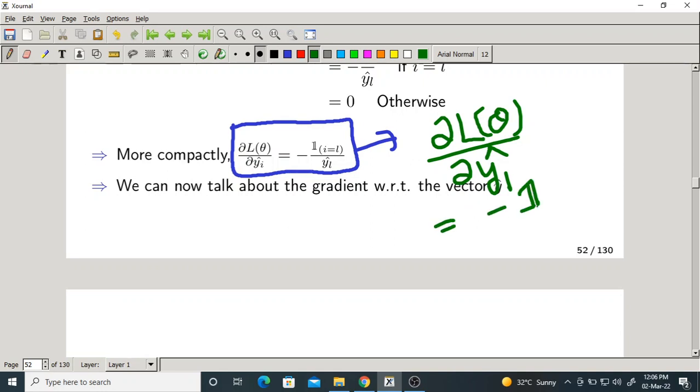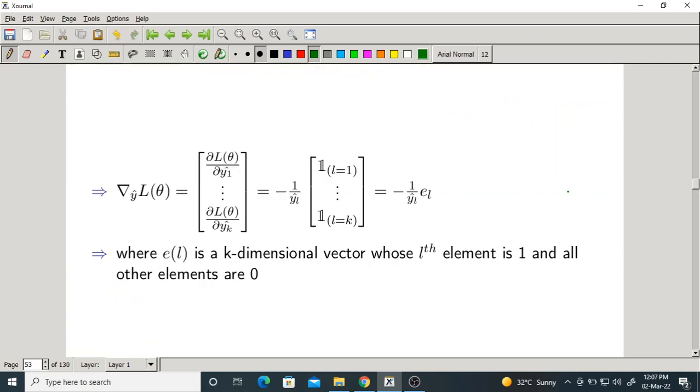Minus indicator l equals 1 by ŷl. If l equals 1, it is minus 1 by ŷ1. If l is not equal to 1, it is 0. So we are writing for all k elements of the vector ŷ. So this is what you get.